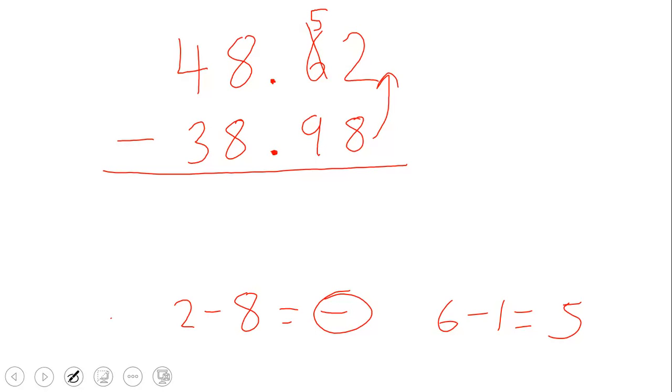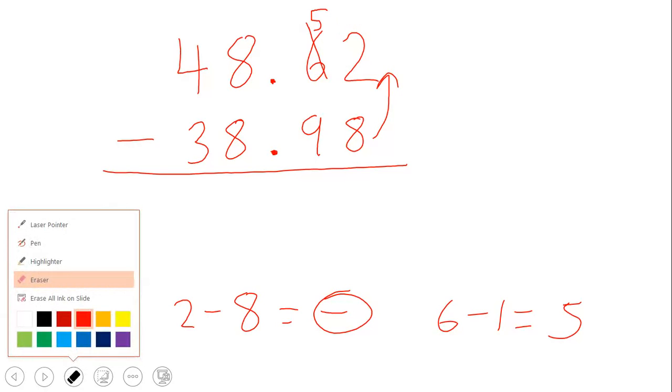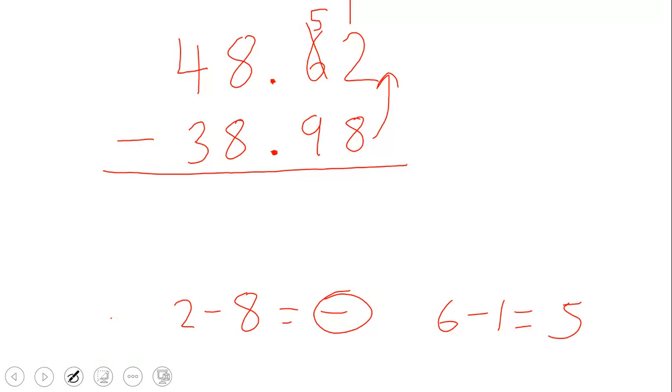We place the 1 on top of the 2. Now the question becomes, not what is 2 minus 8, but what is 12 minus 8. 12 minus 8 is indeed 4.